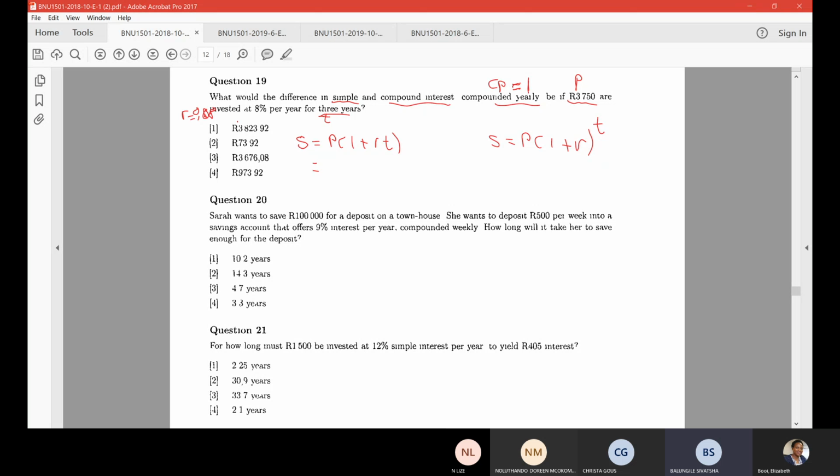We're going to say our P is 3750, bracket 1 plus 0.08 divided by 1, and then our time is 12.